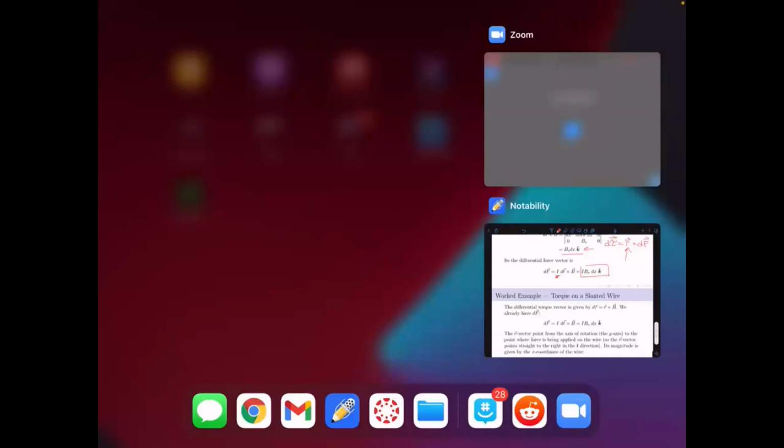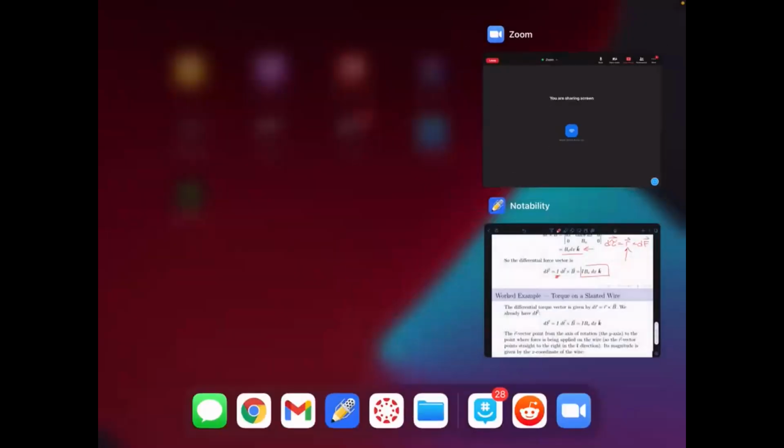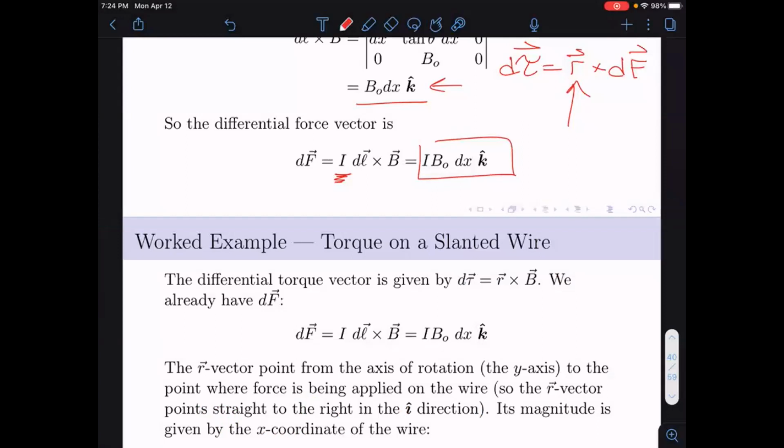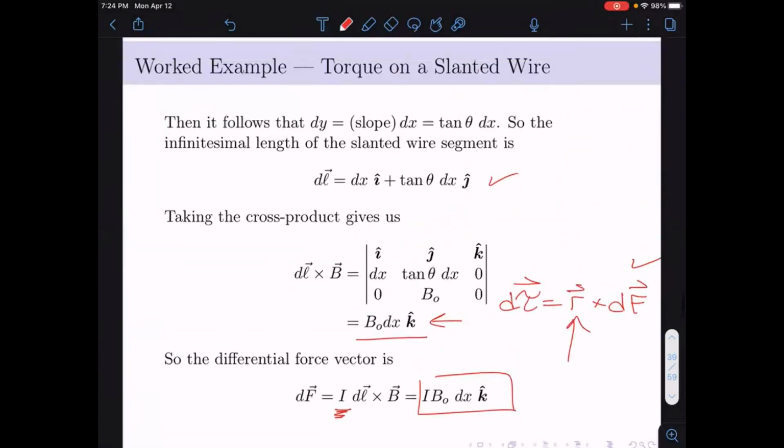Awesome. Thanks, guys. Sorry about that. I don't really know what happened there. I had to stop my own screen sharing. It was annoying. All righty. 1 second. iPad just crapped itself out of nowhere. Sorry about that. Cool. All right. Where did I cut out randomly? Did I get to, I guess, to this differential force part? Yeah. Right after I said DF. Awesome. Cool. Thanks, guys. Appreciate it.